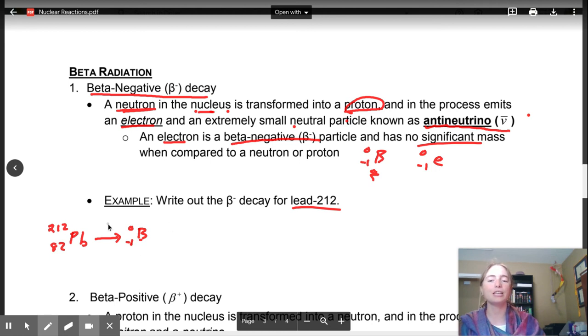It's going to help keep our conservation of charge. So that's why we use this symbol there. And it's going to release an antineutrino. And then we need to figure out, well, what is left? Well, 212 minus 0 is 212.